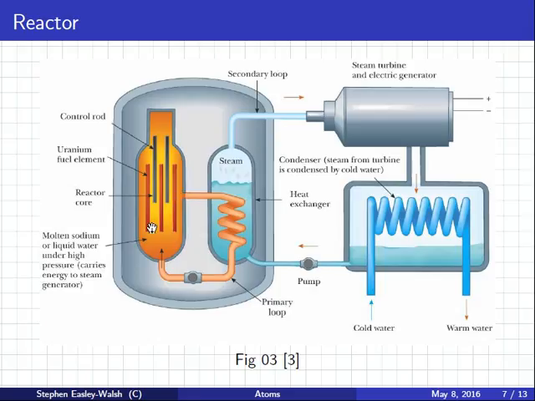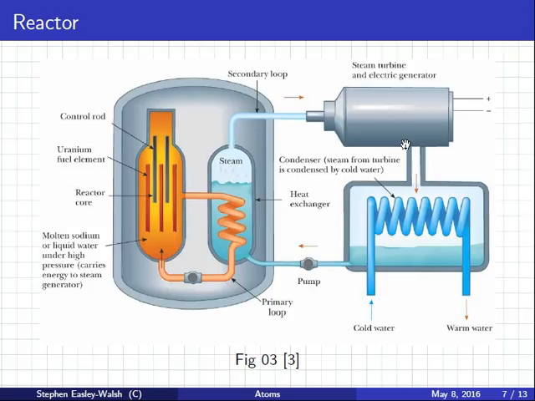And this sodium here gets very, very hot from the uranium. And it gets very hot, and it's then taken out and passed down here. Now you can guess what happens when the water comes in here. When the water here touches the hot pipe, what will happen to it? It'll turn into steam. So the steam gets pushed up here.